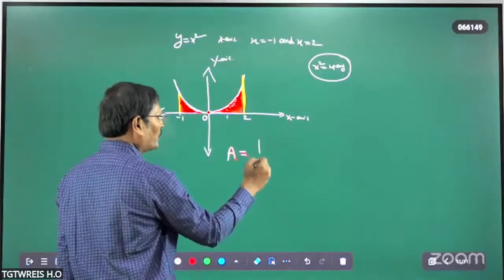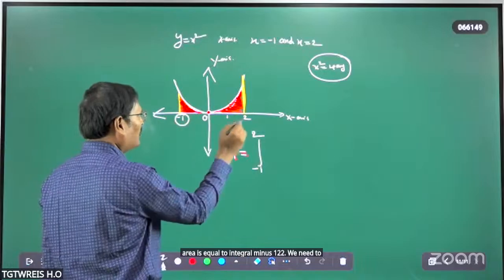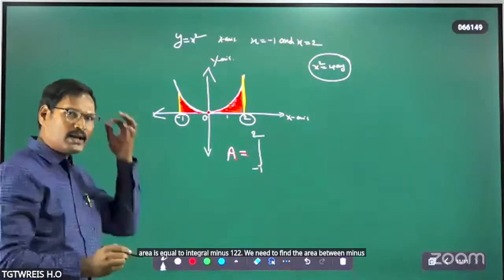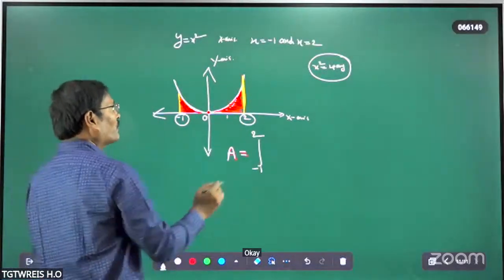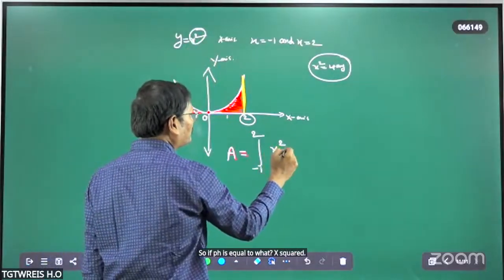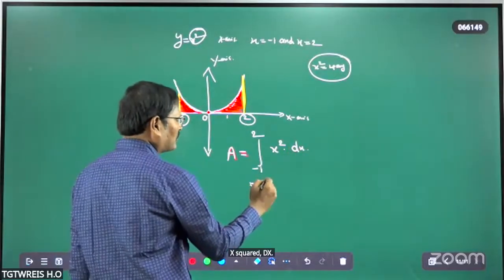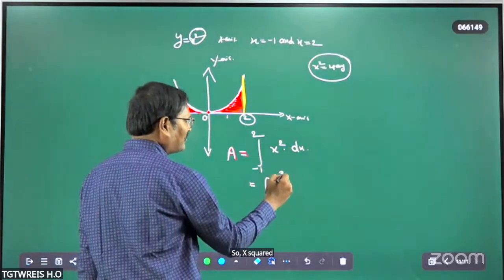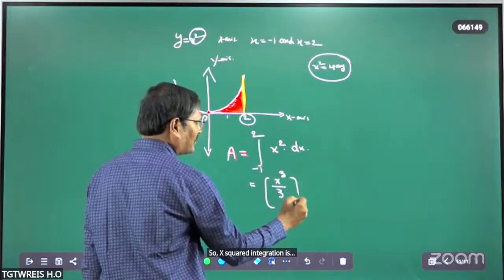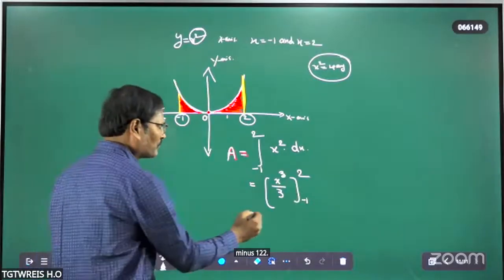Area is equal to integral -1 to 2. We need to find the area between -1 and 2 only, no? F of x. So f of x is equal to what? X square, dx. So x square integration is x cube by 3, from -1 to 2.